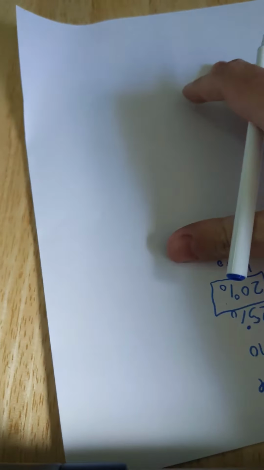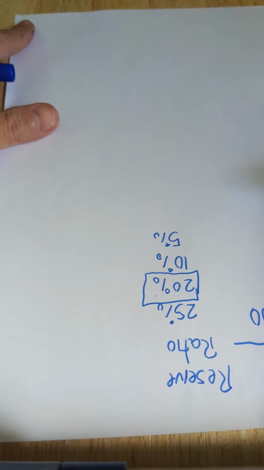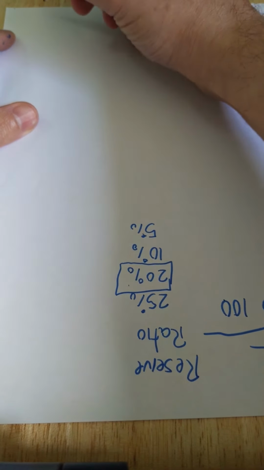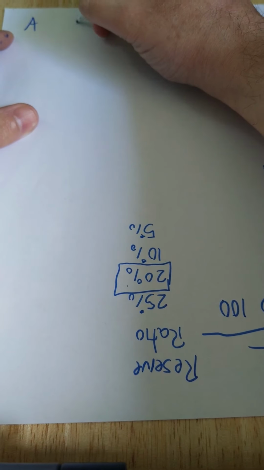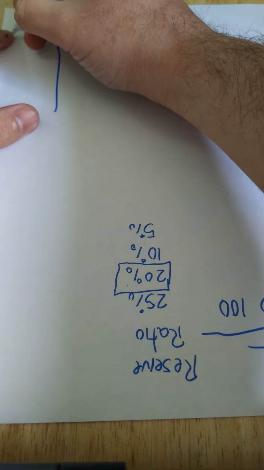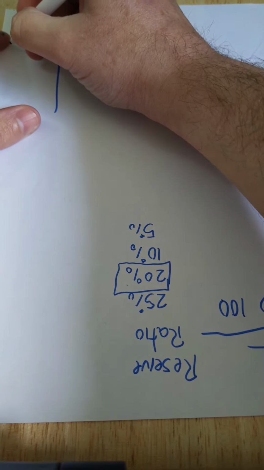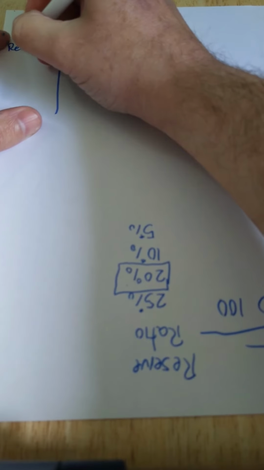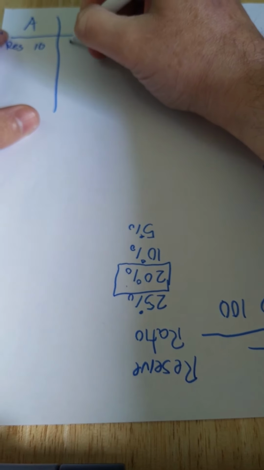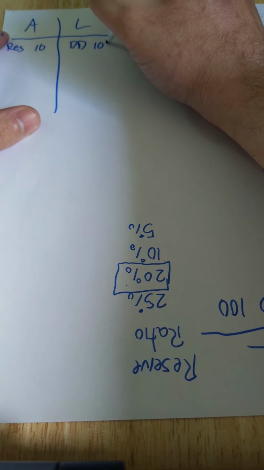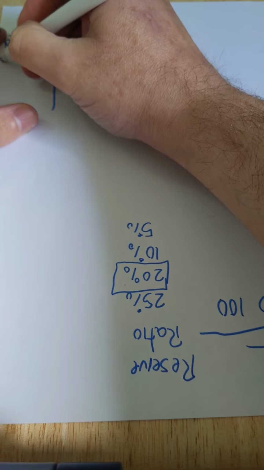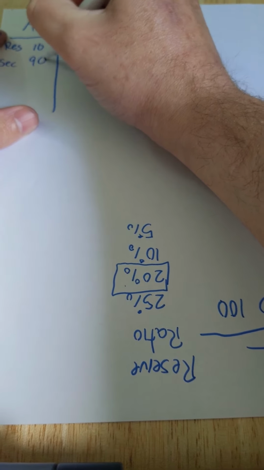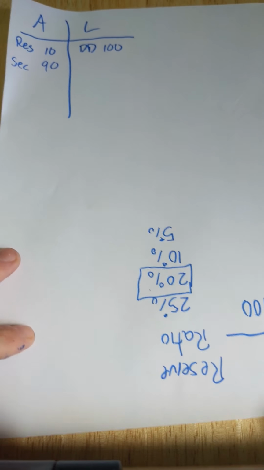Let's look, actually, at what would happen if, say, okay, so assets, liabilities, we'll just say they have reserves of 10, demand deposits of 100. We'll make this securities of 90. Okay, this bank balances.